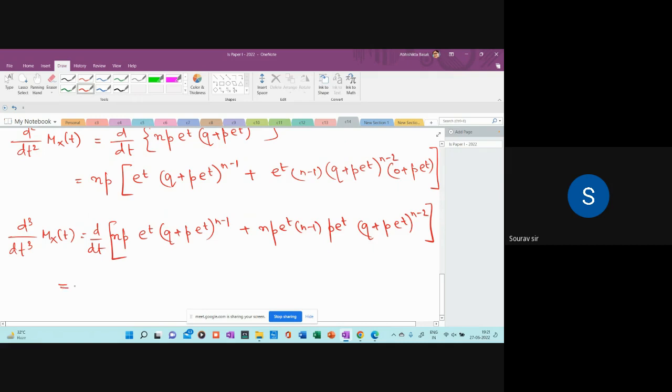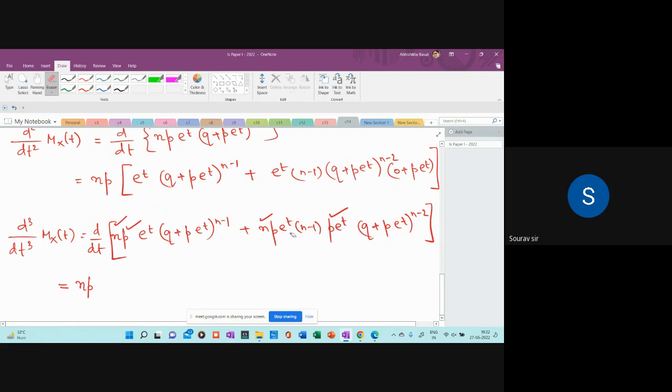Now let's see what we can take common, which is independent of t. That is np into n minus 1, not np. From over here, we can take common n, p we can take common from both the terms, and n minus 1 we can't take common. So sorry for I can't write this.